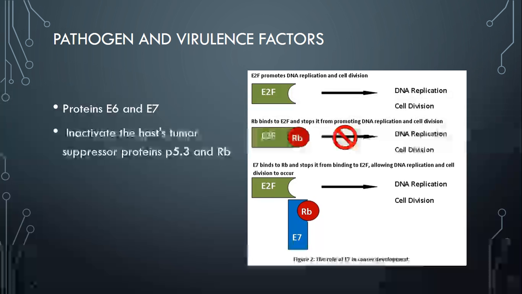But what happens is the HPV protein E7 binds with the RB protein, and it causes an unregulated state and rate of DNA replication and cell division, and this is what leads to cancer development, causing cervical cancers and things like that.